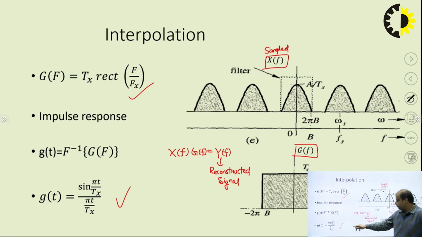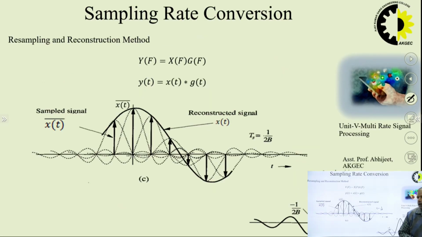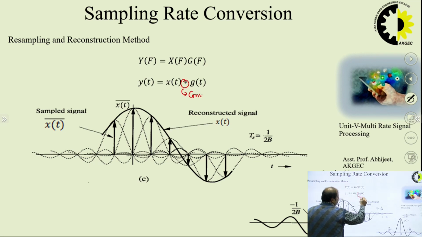The impulse response g(t) is sin(pi t by Ts) by (pi t by Ts). So if we take the product in frequency domain, it manifests as convolution in time domain.